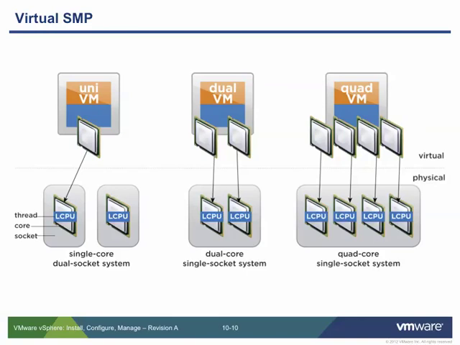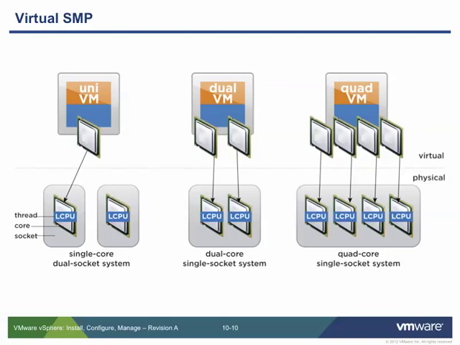In the first example there, we're looking at a single core physical CPU with two different sockets. So two different CPUs, single core each, and we're assuming these are not hyper-threaded, presented as two different CPUs. But we just have a single processor virtual machine, so it just uses up one of those processors.